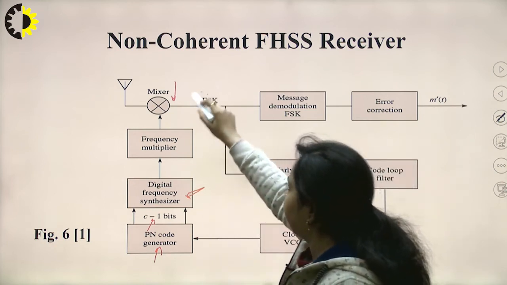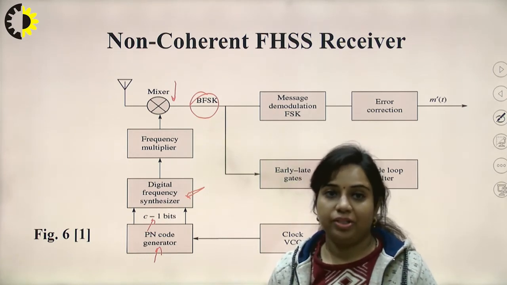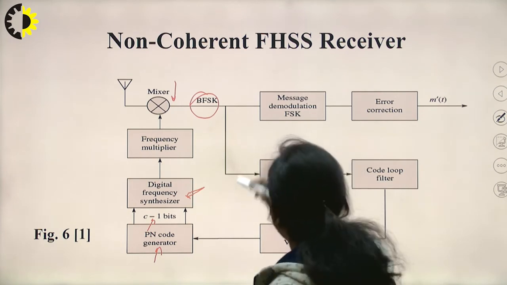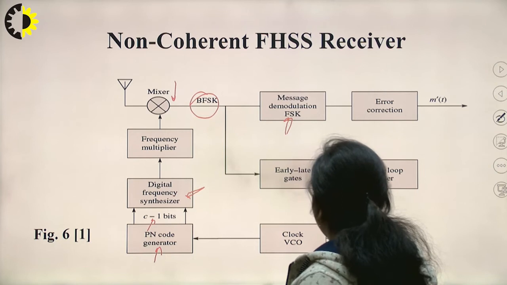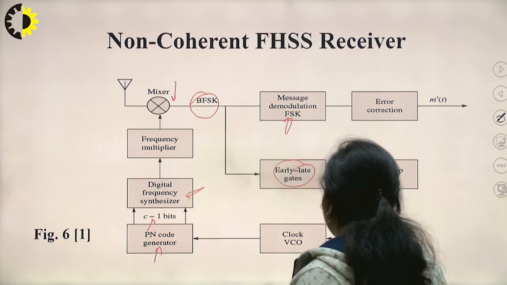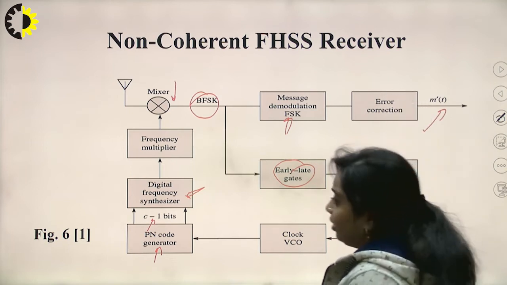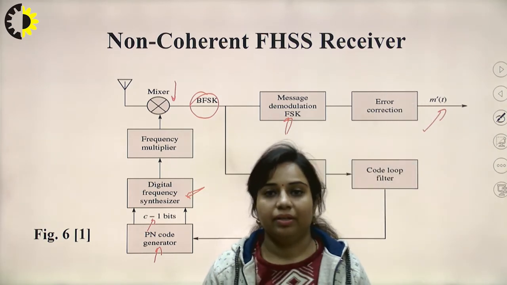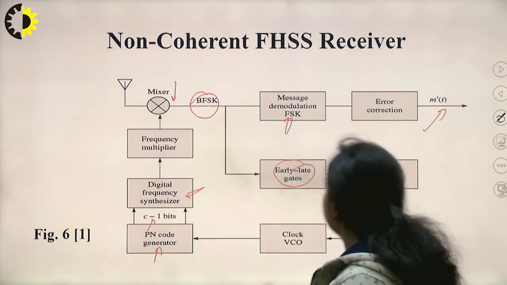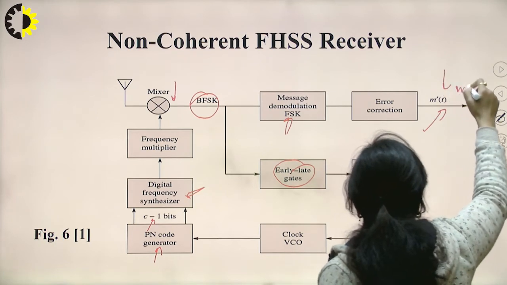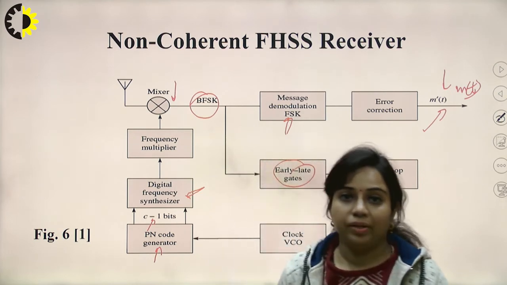Now you can see BFSK, that is the binary frequency shift keying modulation technique that we have used, and then it is applied to this message demodulation FSK, and then early-late gates will be used. At the output side we are using this error correction technique, which is going to correct the errors that have been generated during transmission, and then this is the replica of the m(t) signal, which is the original signal. So this is the frequency hopping receiver.